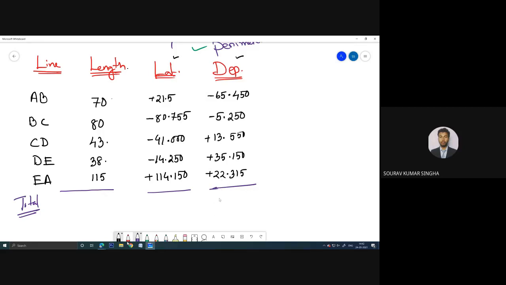Just tell me. कितना आ रहा है? How much value is coming after adding all these departure values?